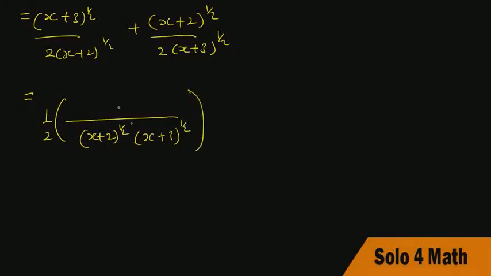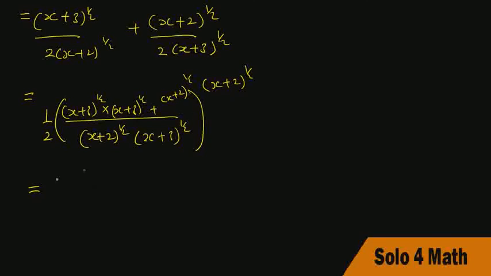Now, when you divide, what do we get? Divide this by this, you get (x plus 3) to power half, times the numerator, which was also (x plus 3) to power half, plus, when you divide this by this, you get (x plus 2) to power half, times what was in the numerator, which is also (x plus 2) to power half.